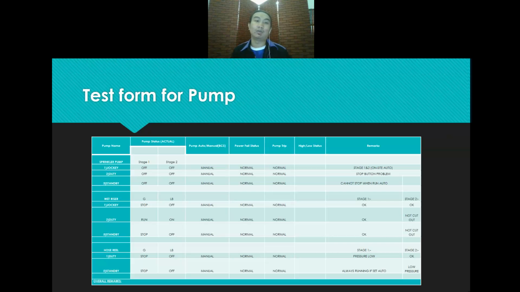As you can see, the pump auto or manual in the BCS shows manual for all, but at the actual side, the refill pump for jockey, stage 1 and 2 is on auto, but the BCS says manual. Other than that, the duty and standby cannot stop because of a button problem, and cannot stop when it runs auto.